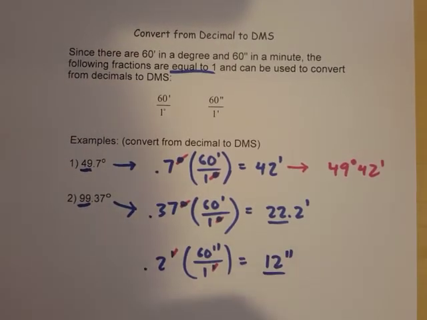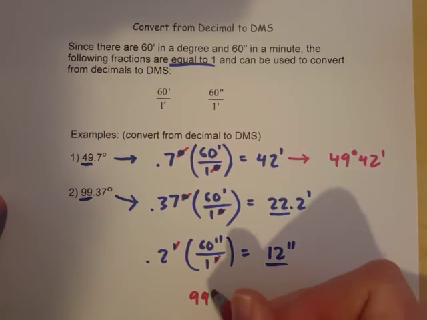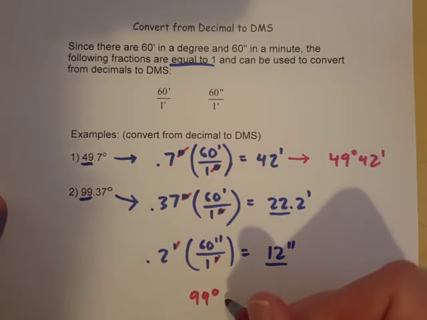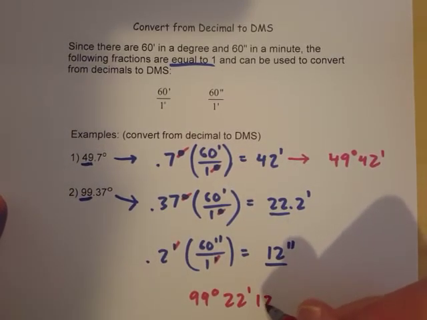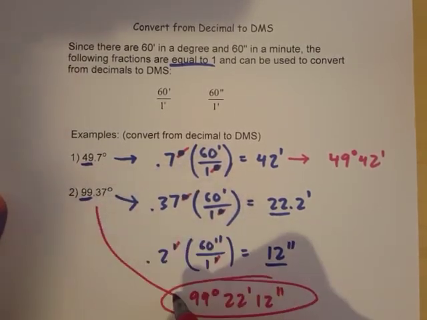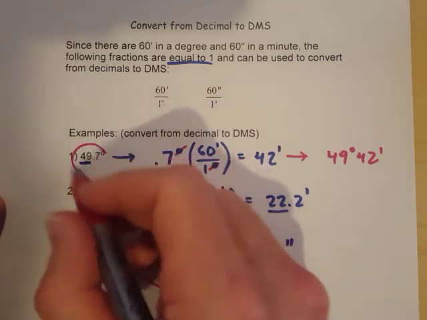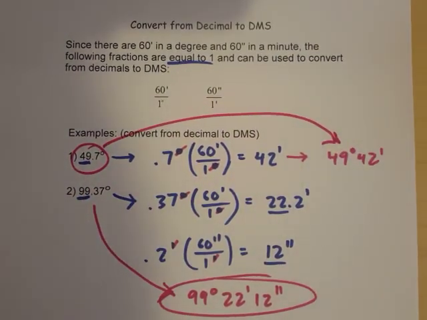And we're going to put all those together. Our final conversion here to DMS is 99 degrees, 22 whole minutes, and 12 whole seconds. And so that's the same as this. This 49.7 was the same as 49 degrees, 42 minutes.